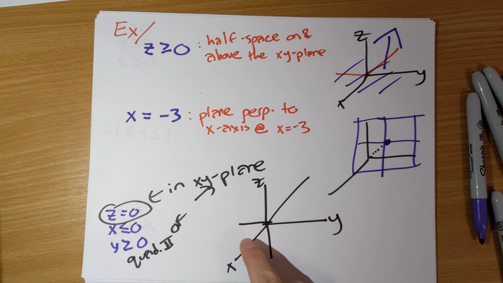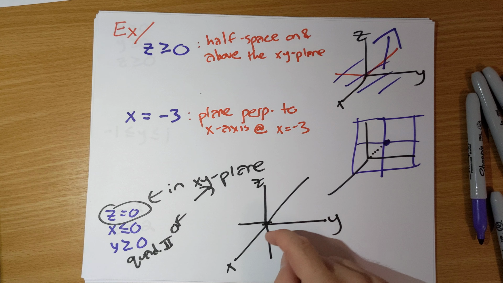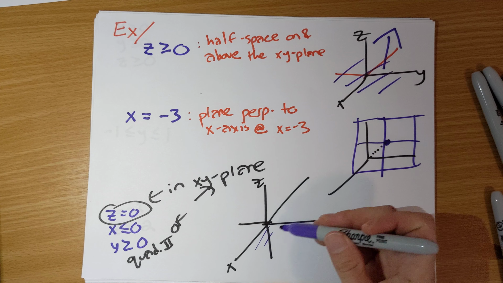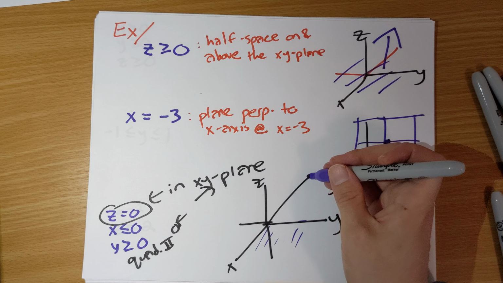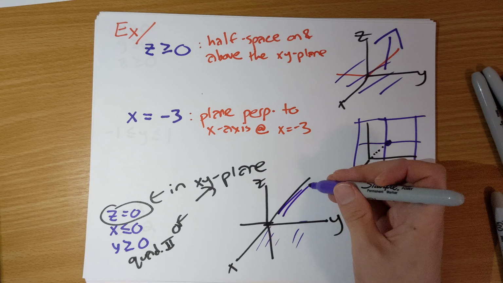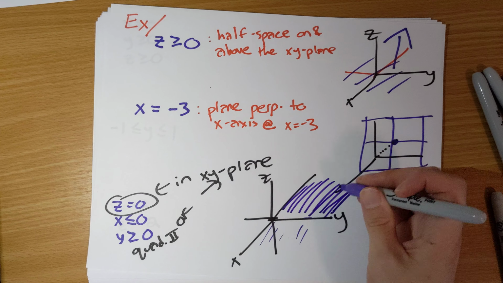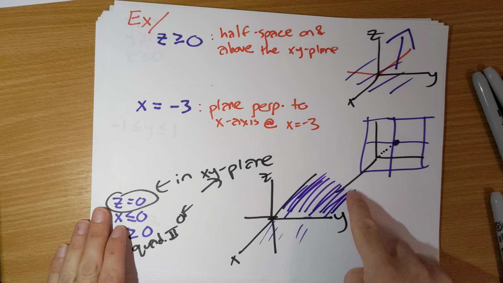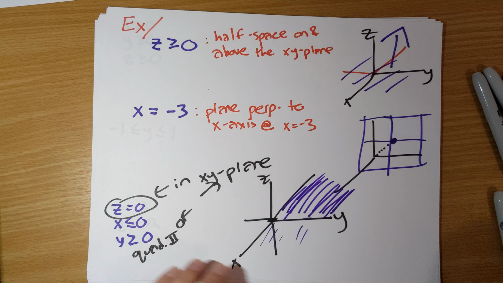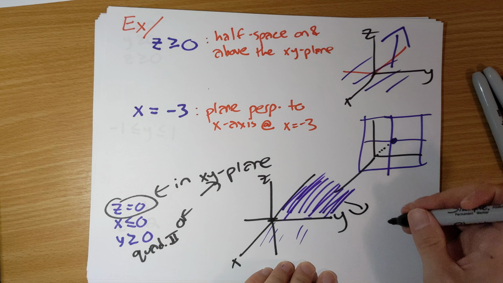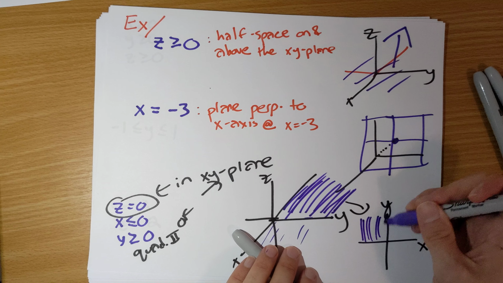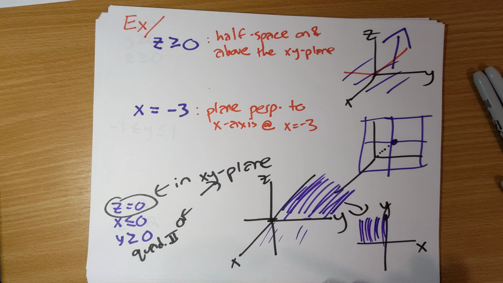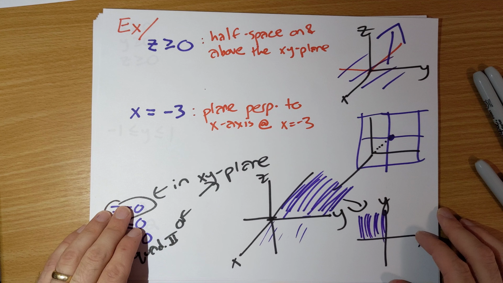In the xy plane, over here is positive x and positive y. Over here is negative x. So this would be quadrant 2. If we pop it out in the xy plane, that's where we end up.